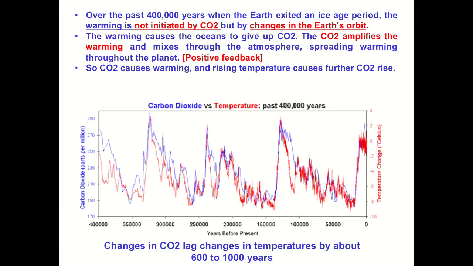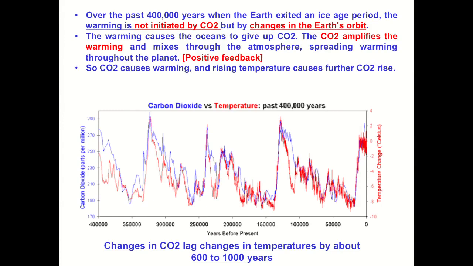Over here is the approximate temperature change, but it's very difficult to see from this graph, but if you look very, very carefully, it turns out that the changes in carbon dioxide actually lag behind the changes in temperature. And the typical timescales through these natural perturbations is roughly 600 to 1,000 years. That's the sort of typical timescale it takes to see a noticeable effect.